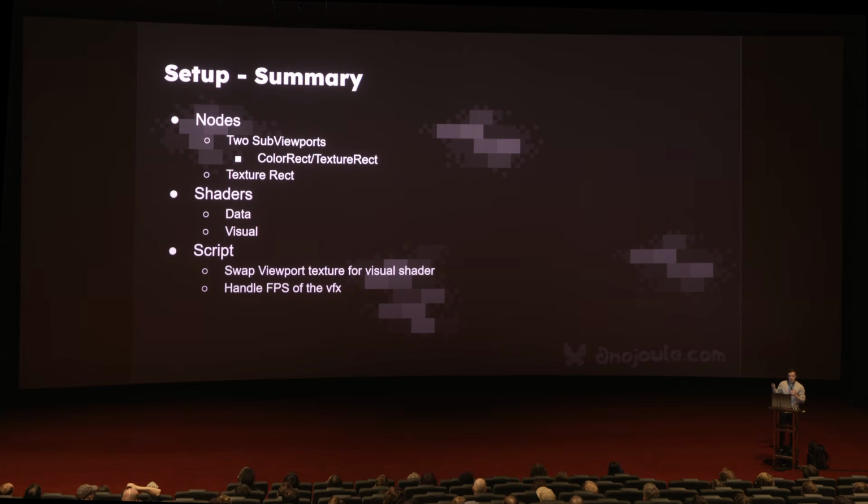So we have two shaders, one for the data, one for the visual. You can also combine them to use them in both, but then you have a bit more complexity. And some script to swap the viewport textures, and you can also handle the FPS for the visual effects separately, so the shaders need to run less often for a lot of pixel art effects. I noticed that a lower resolution looks better in some scenarios.